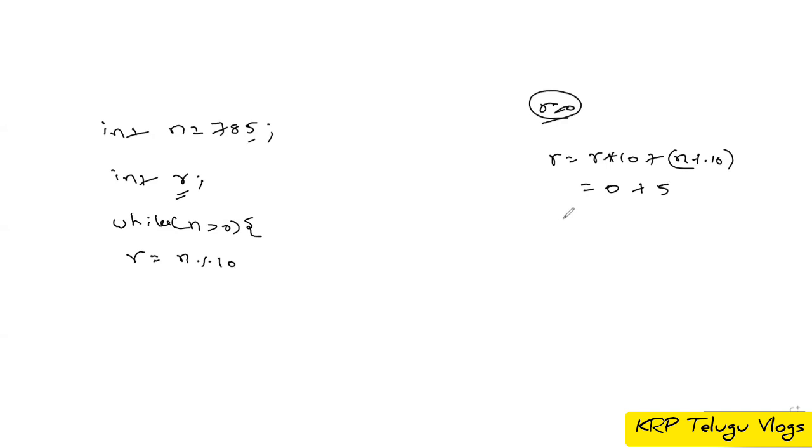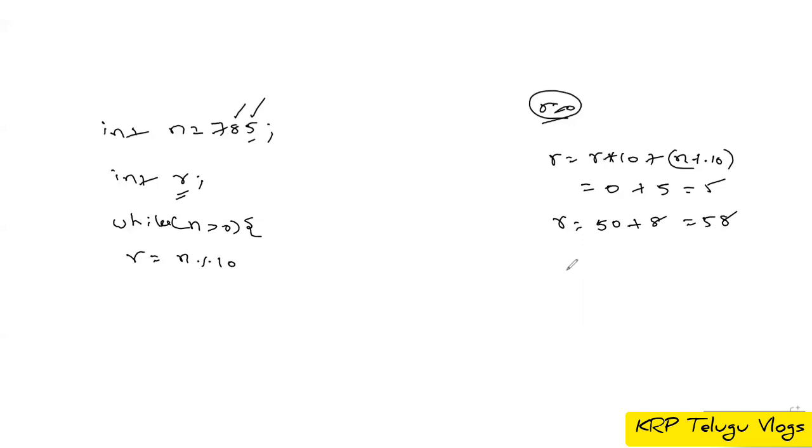So again r is equal to r into 10. What is the r value? 5. Now whatever value is coming should go to ones place, and this should come to tens place. That's why we gave r into 10. So it will become 50 plus the next value, 8. So this is 58.